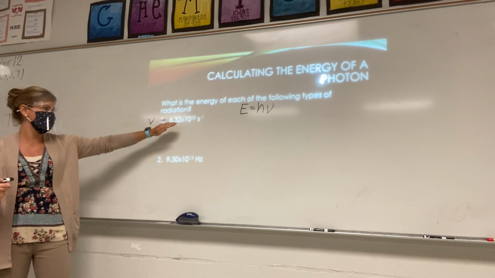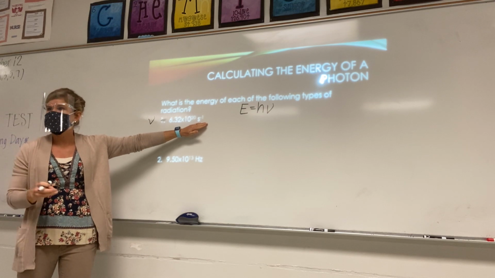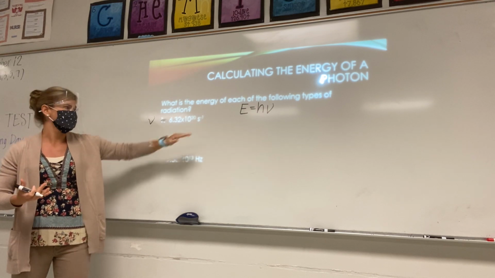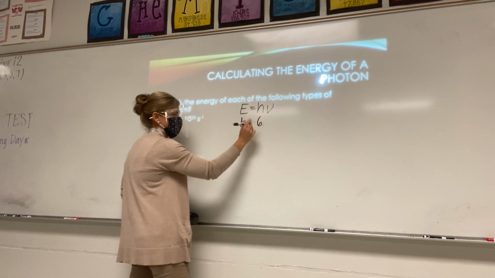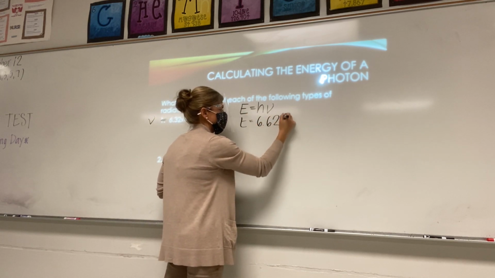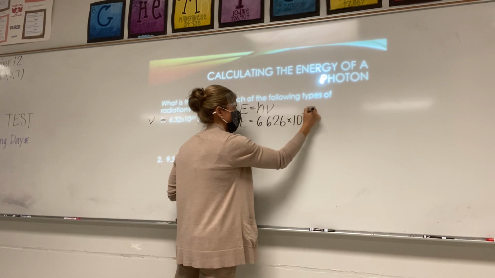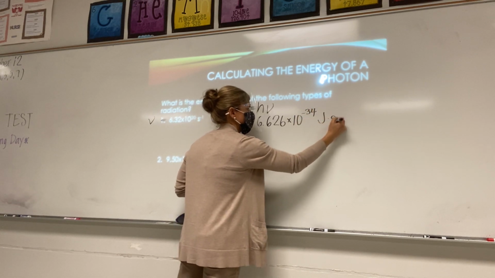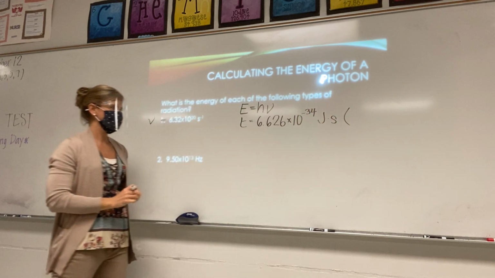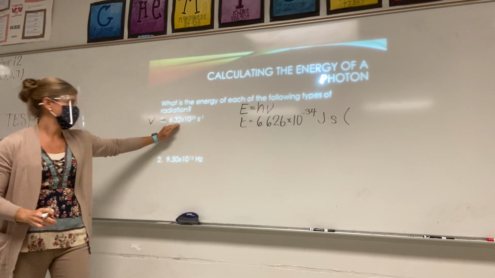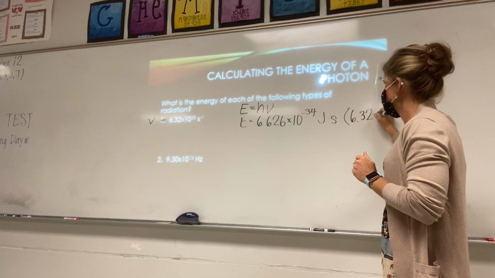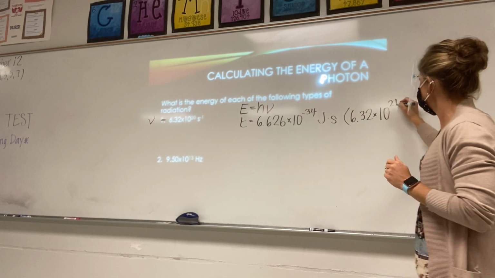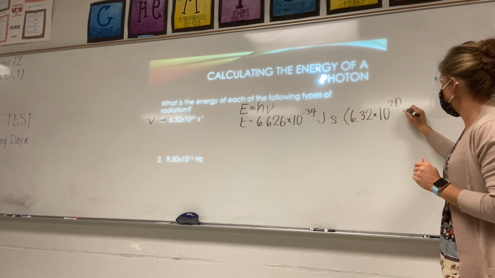This is frequency because we know s to the negative 1 are units for frequency. So now we just plug it in. We know Planck's constant is 6.626 times 10 to the negative 34 joule times second. We know our frequency here, 6.32 times 10 to the 20th s to the negative 1.